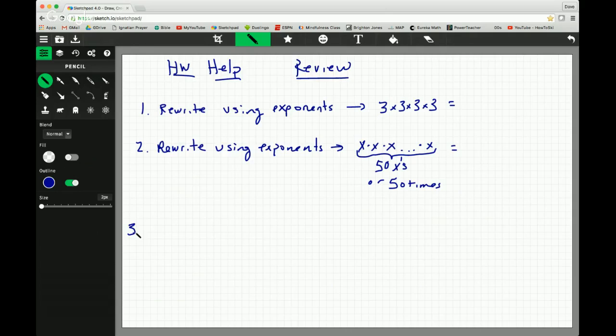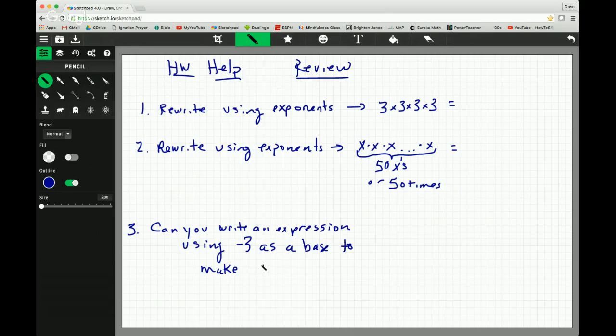And then the third thing is going to be to ask this question: can you write an expression using -3 as a base to make 9?